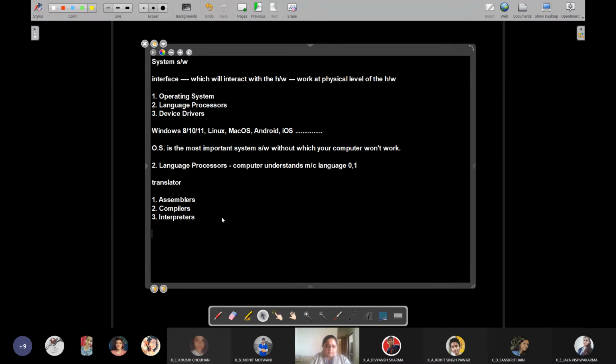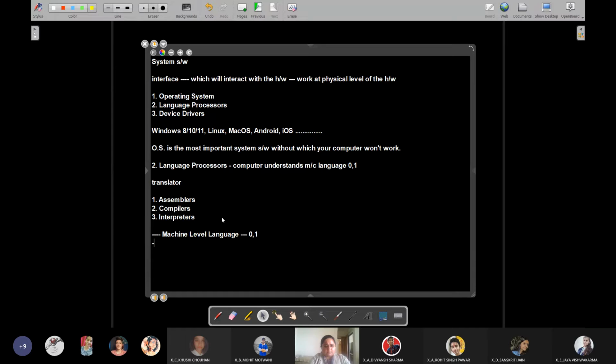In the very beginning we had the machine level language, that is simply the language of zeros and ones. Then it was becoming very difficult to work with program codes written in zeros and ones, and even data in the form of zeros and ones.